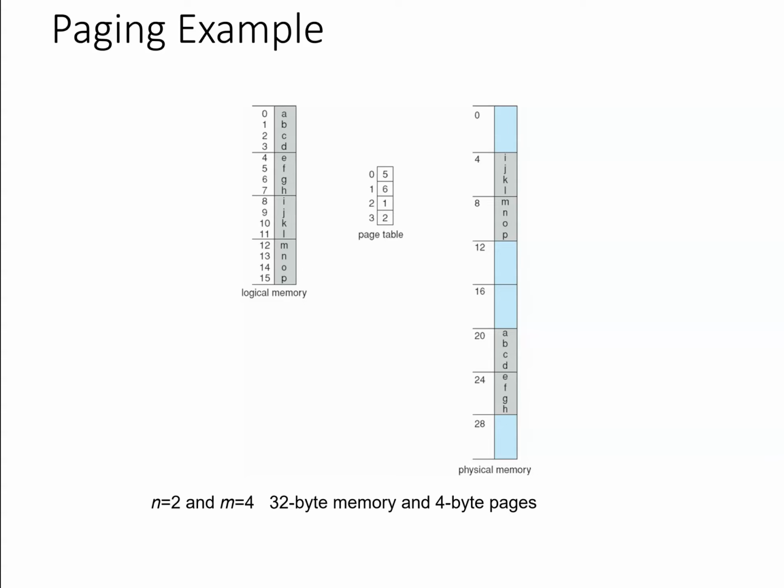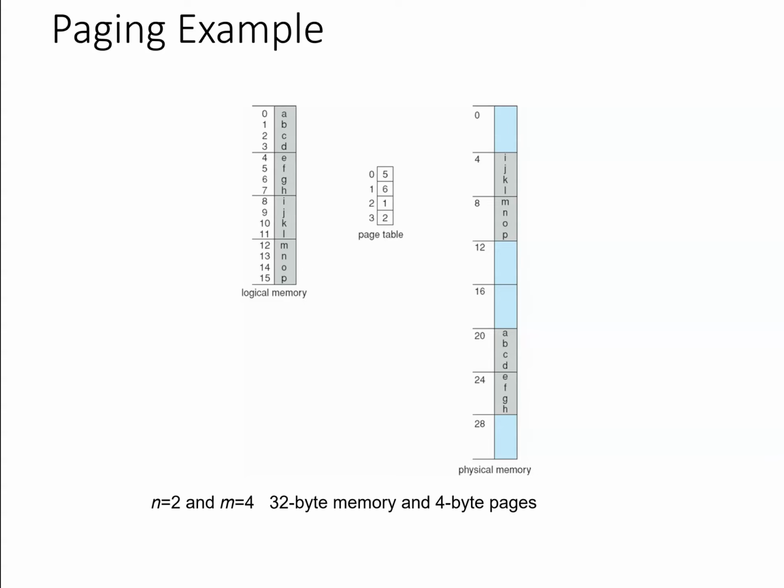Here we've got logical memory organized into pages, and there are 4 pages starting from 0. We have a page table which says page 0 points to frame 5, page 1 points to frame 6, page 2 points to frame 1, and page 3 points to frame 2.